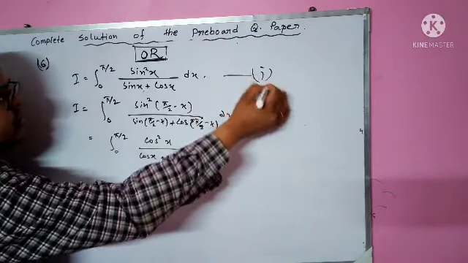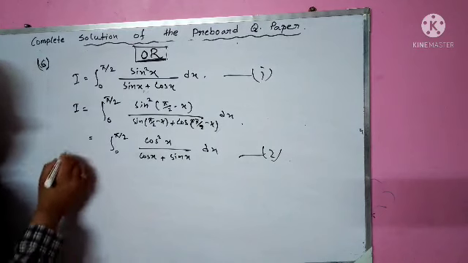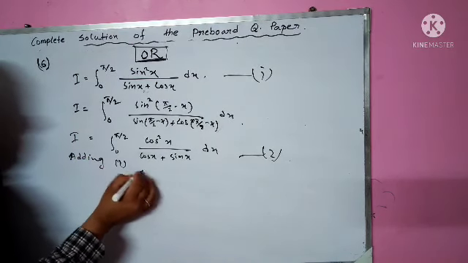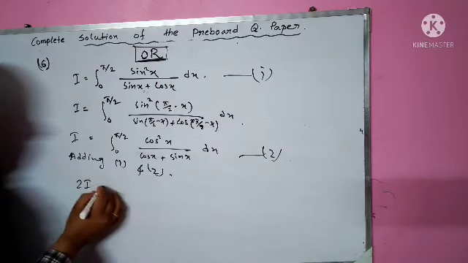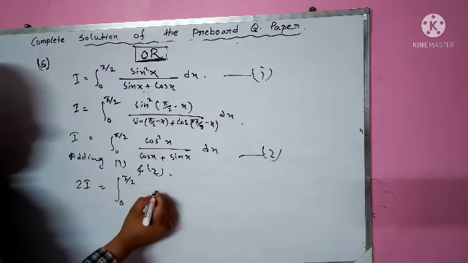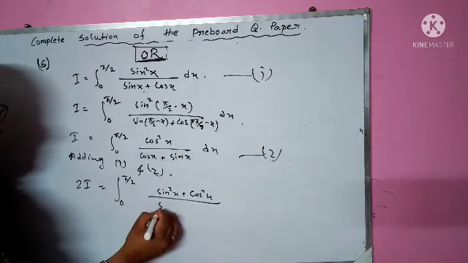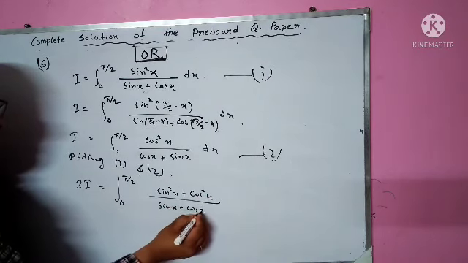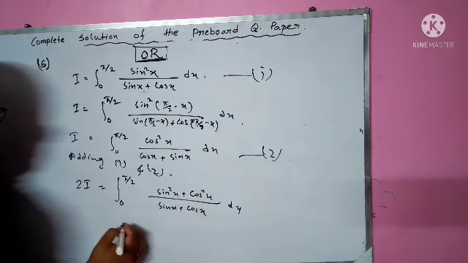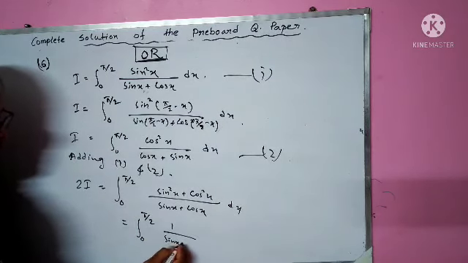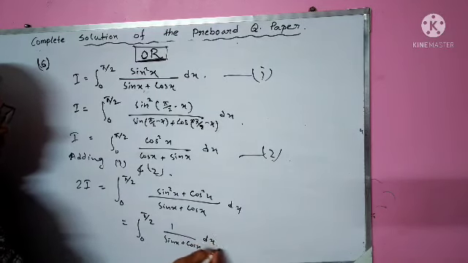So if we add these two, equations 1 and 2, what will we get? Adding 1 and 2, we'll get 2i as the integral from 0 to pi by 2 of sine square x plus cos square x divided by sin x plus cos x dx. Sin square x plus cos square x is 1, so it is 1 divided by sin x plus cos x dx.